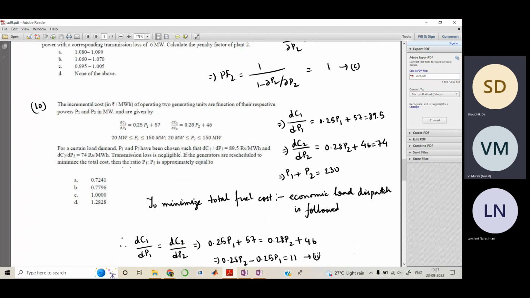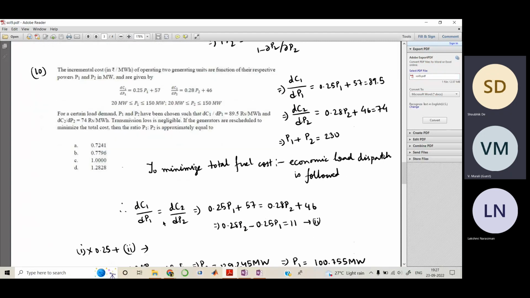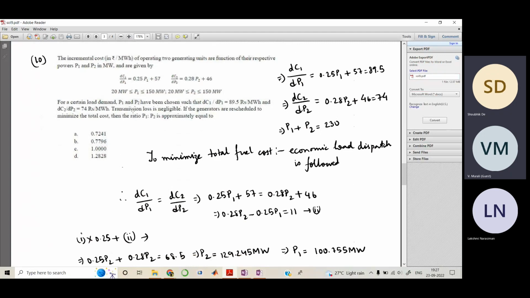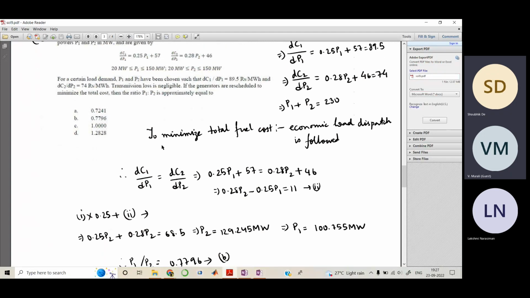Since they have mentioned that the generators are rescheduled to minimize the total cost, we have to utilize what we saw initially, dC1/dP1 equals dC2/dP2. One could ignore this line and directly use 89.5 and 74 for dC1/dP1 and dC2/dP2, but that would give the wrong answer, because they have clearly mentioned that the generators are rescheduled to minimize the total cost.